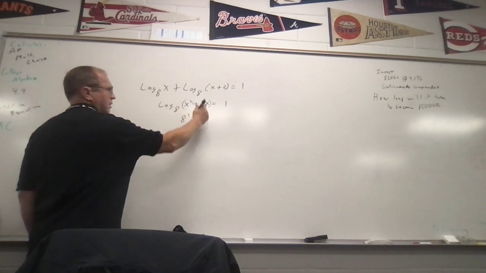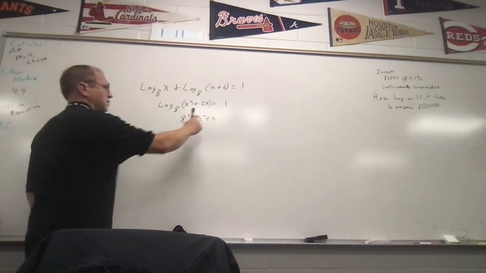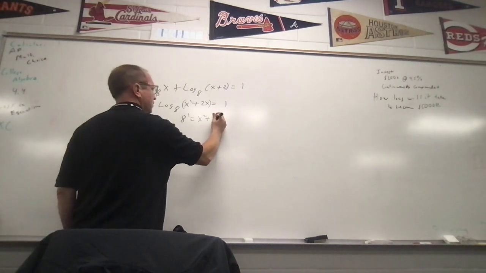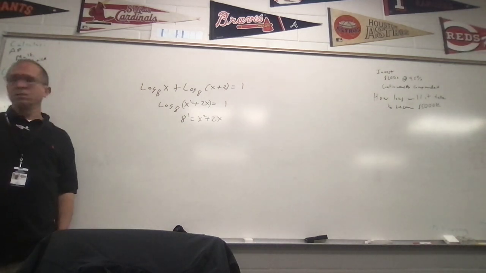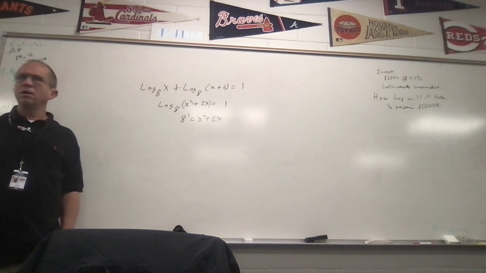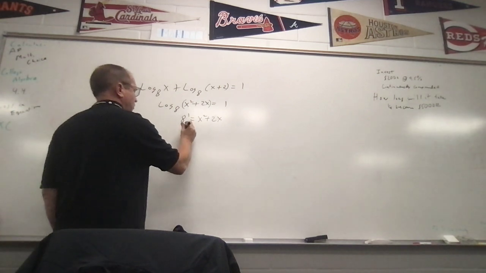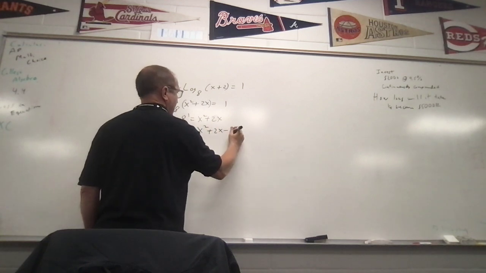Well, x squared plus 2x. Are we okay here? All right. So 0 equals x squared plus 2x minus 8.